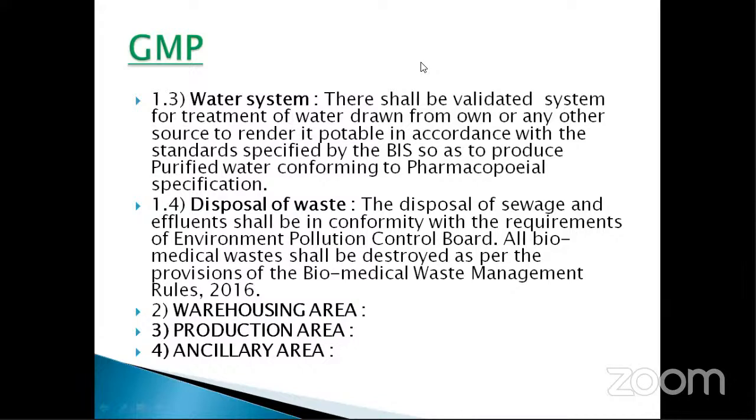The pipework, electrical fittings, ventilation openings, and similar service lines shall be designed, fixed, and constructed such that they avoid accumulation of dust. So in the production area, all the facilities, the water pipeline, electrical lines, and other service lines should be made in such a way that they do not come out from the wall.